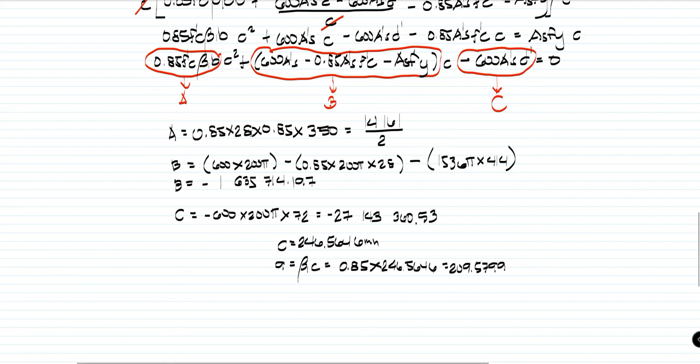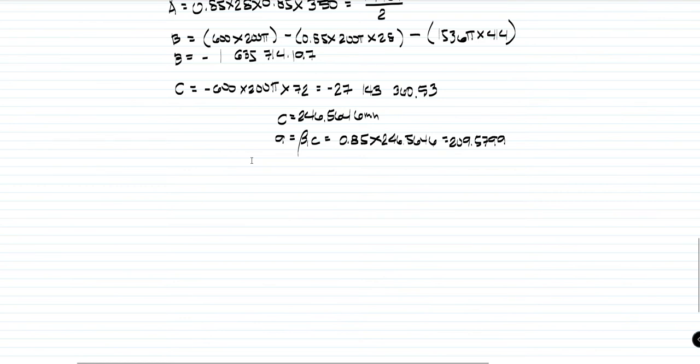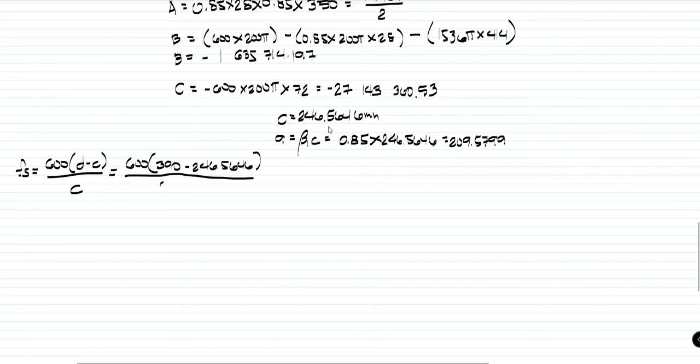Now we have to verify our assumption, whether it is correct that we assumed compression steel does not yield and tension steel yields. Let's start with the tension steel. The tension steel stress will be equivalent to 600 times D minus C over C. So that is 600 times the effective depth, which is 390, minus C, which is 246.5646, divided by 246.5646.